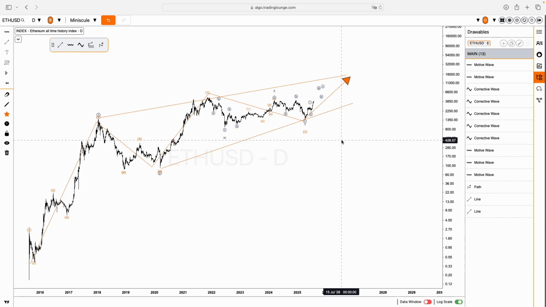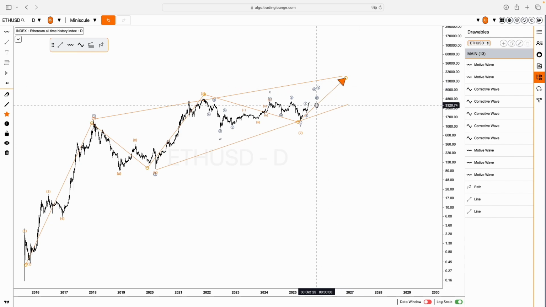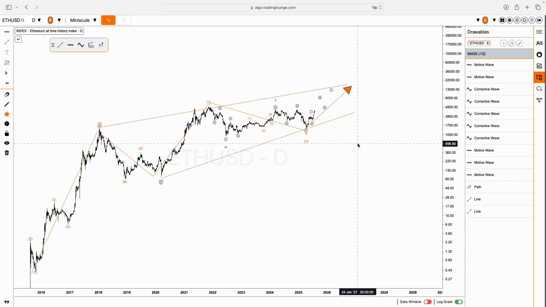So what that means is we have upside to go. This could be moved 1 degree higher, so a minor degree instead of minute.